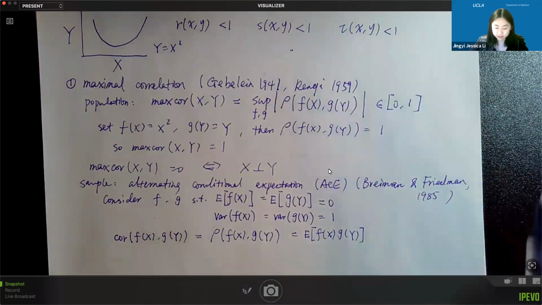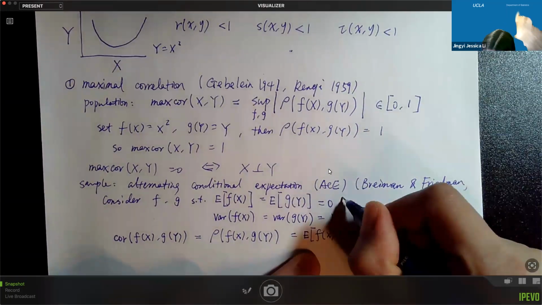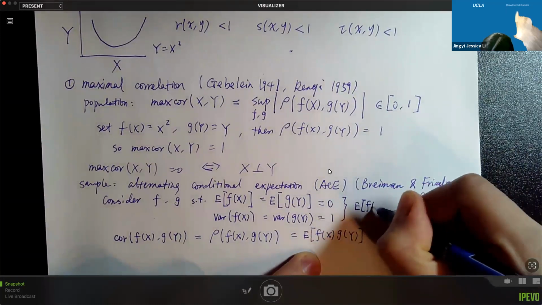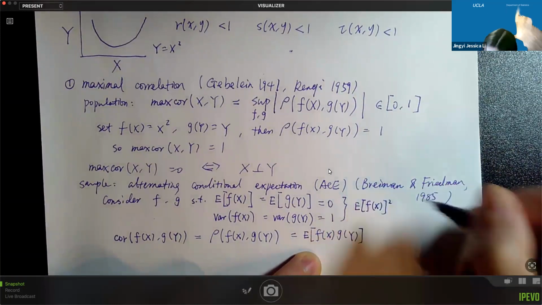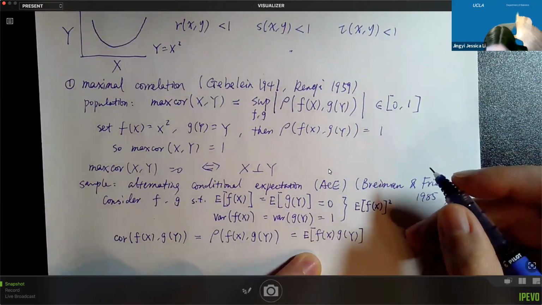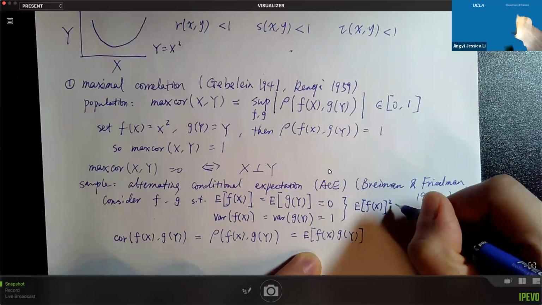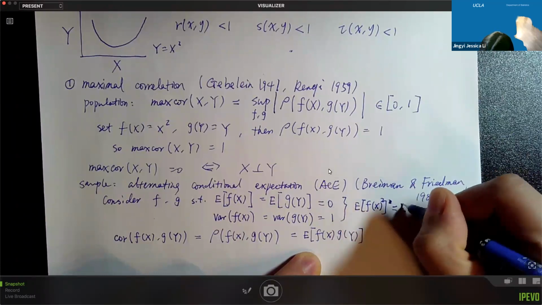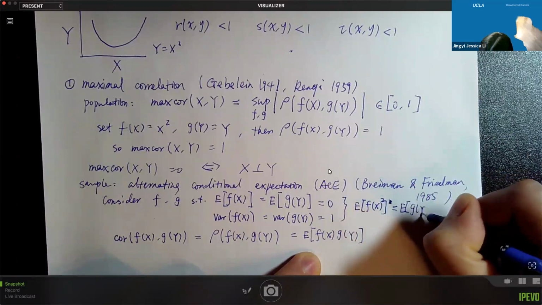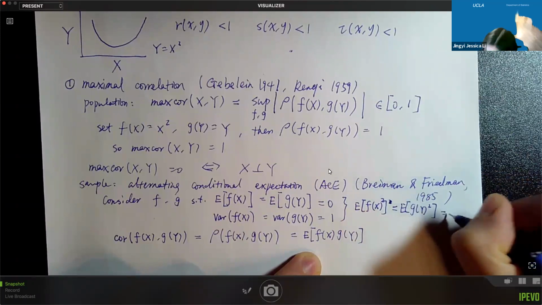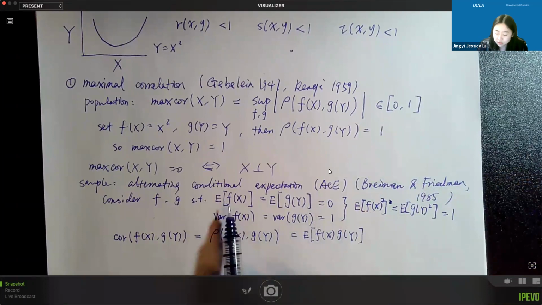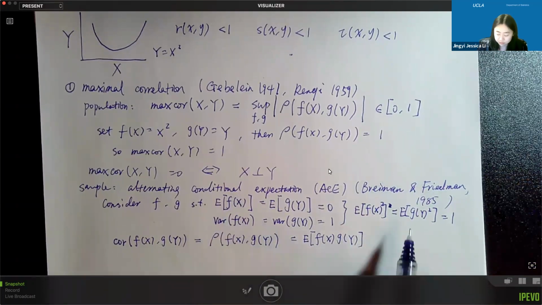Okay, and then we know that these two things will give me the expectation of f(x) squared equals, I should put a square inside, the expectation of g(y) squared will be equal to 1, because this expectation is equal to the mean squared plus variance. That's 1.